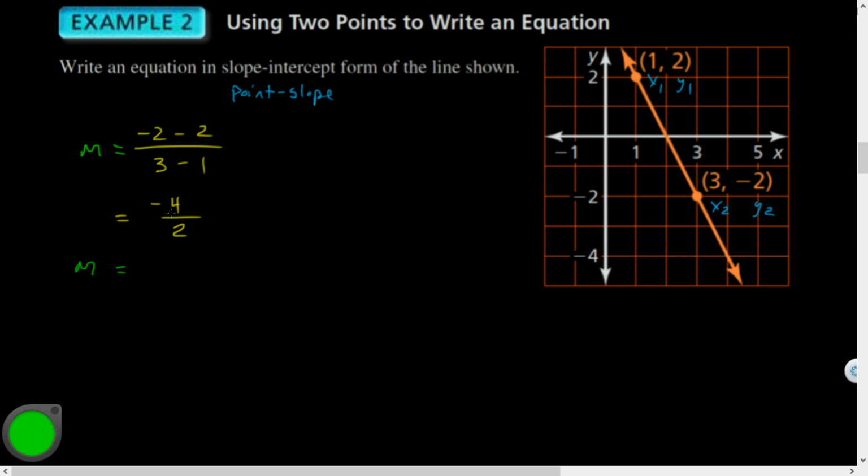M equals negative 4 divided by 2. 4 divided by 2 is 2, and then it's still negative. We also could have found that, I want to point out, since we had a graph, I could have also realized it's going down 2 over 1, down 2 over 1. So the slope was, in fact, negative 2.